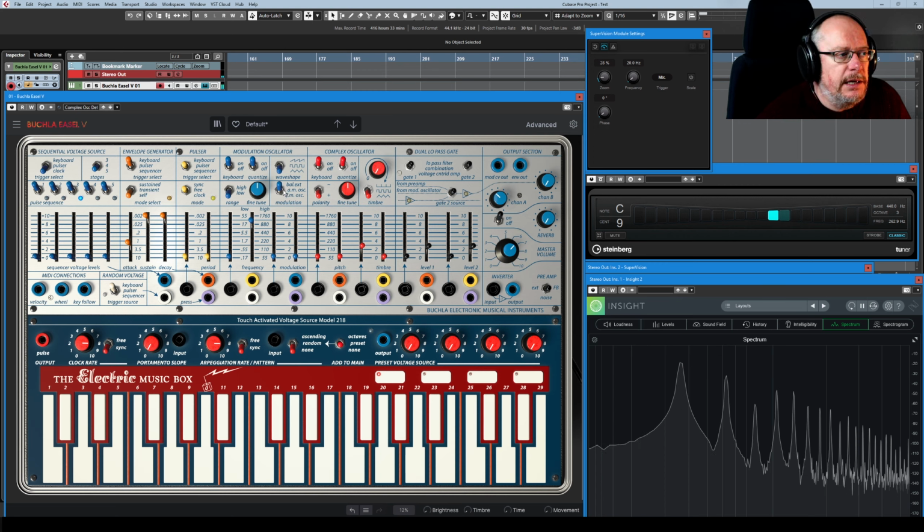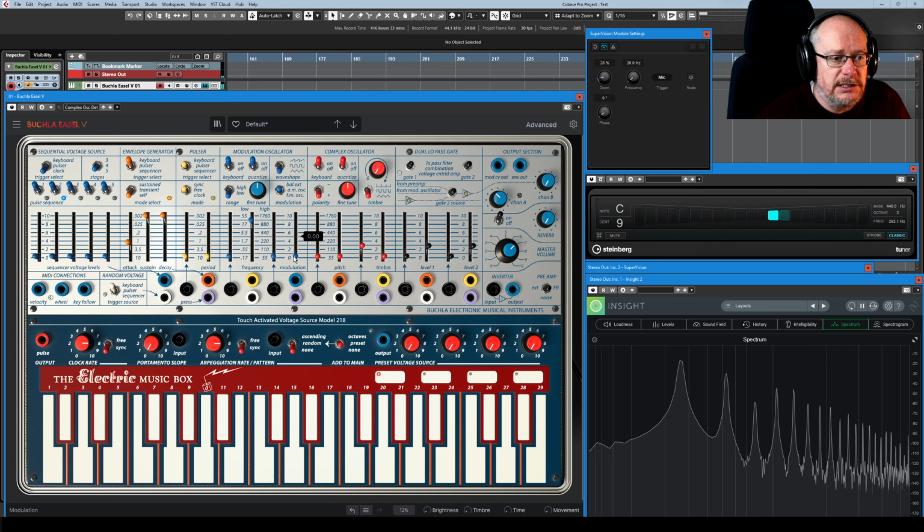When we apply AM modulation to those two waves, in other words, add them together, we're going to get what's called a sum and difference effect. And the best way to demonstrate that is to bring the modulation, so I've turned it into AM oscillator mode now, so the modulation oscillator is hardwired into the complex oscillator.